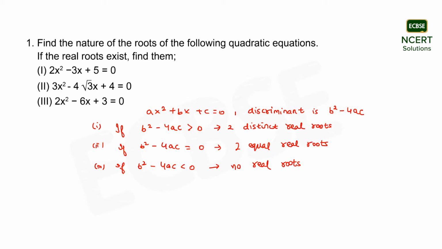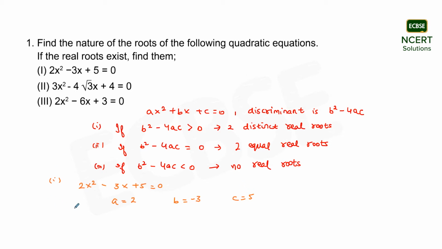So starting with the first quadratic equation provided, the first quadratic equation is 2x square minus 3x plus 5 is equal to 0. Comparing this with the standard quadratic equation form, here the value of a is 2, b is equal to minus 3 and c is equal to 5.